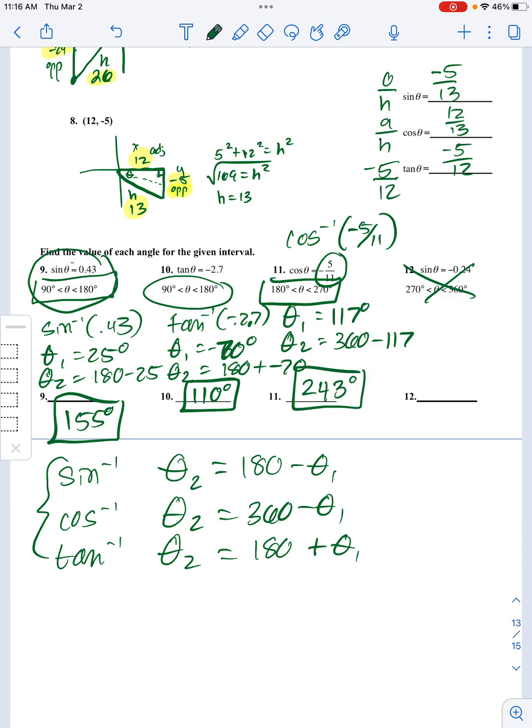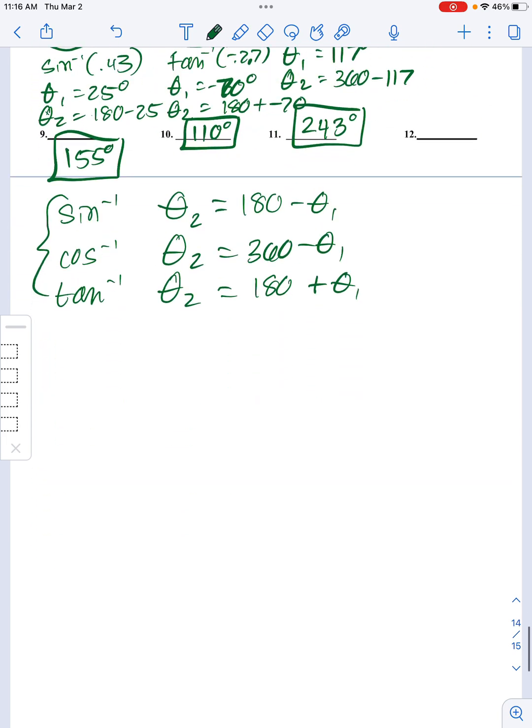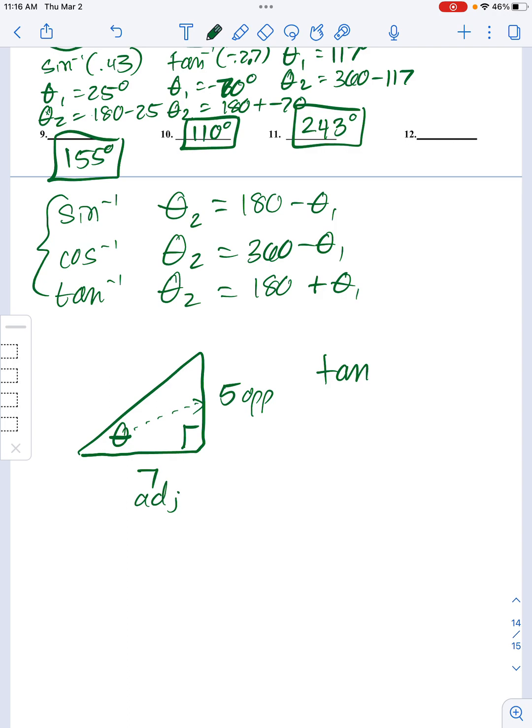Now the only thing, and I talked about this on the board, but there's not one on the review. If you're going to have a triangle where it asks you for the angle, and it might give you like this is 5 and this is 7, what you're going to do to find the angle is you always have to use inverse. So you told me 5, that's opposite. You told me 7, that's adjacent. So opposite and adjacent means I need to use tangent.